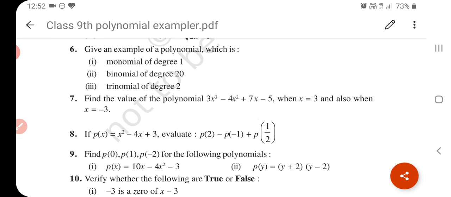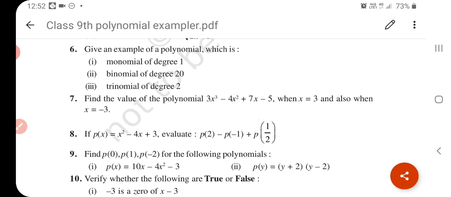If binomial of degree 2, if you want a binomial, then you have to write x to the power 20 plus 1 or 2x x की power 20 या 2y की power 20 plus 2. Okay, this type you have to write. Okay, trinomial of degree 2, 2x square minus x plus 1. Okay, so you have to write many of the example.